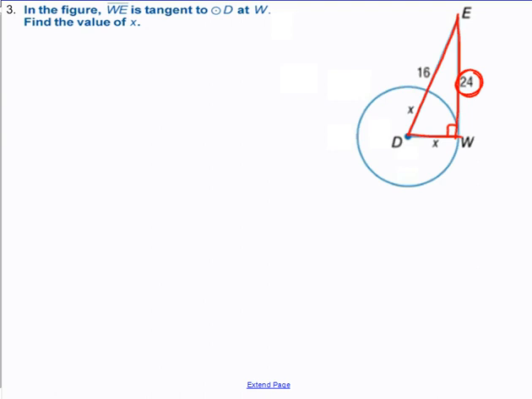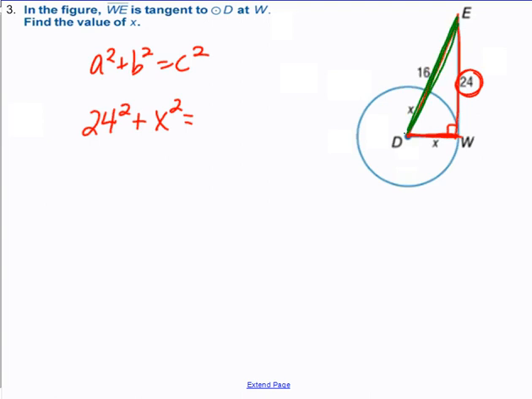So if we're going to do the Pythagorean theorem, I'm going to use 24 for one leg. The other leg is X. And now we've got this third side. The hypotenuse is 16 plus X.